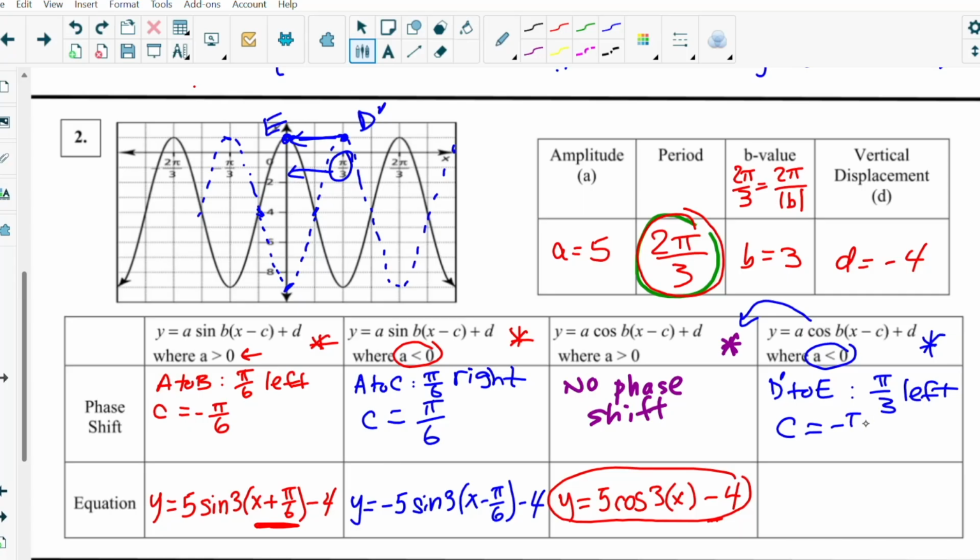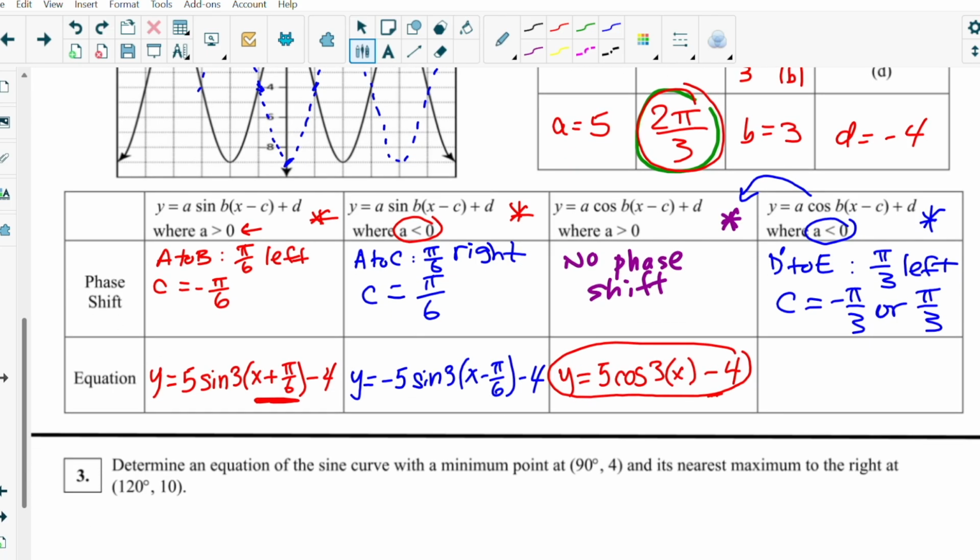That's a C value of negative pi over 3. Remember, we can also go to the right, or positive pi over 3. So what does this look like? y equals negative 5, so the a value is less than 0, negative 5 cosine of 3 times x minus negative pi over 3, minus 4.